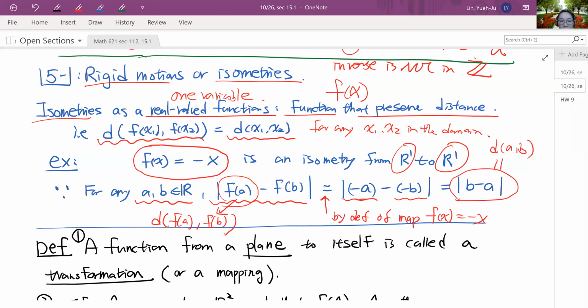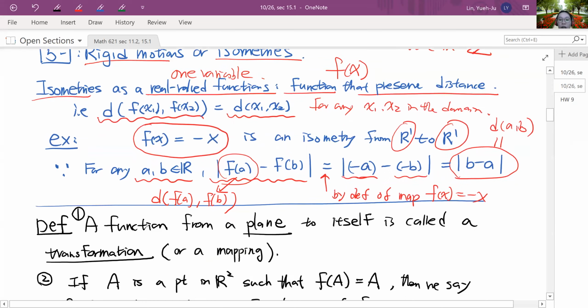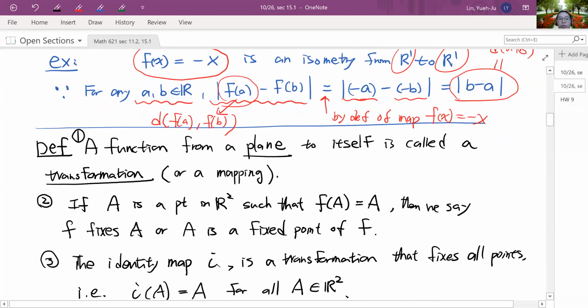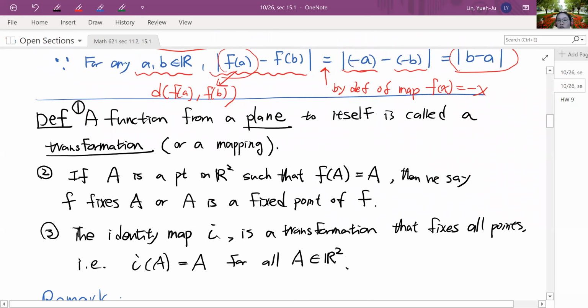But because we're talking about geometry here, we want a different situation where the domain is R2, anything on the plane, because we're talking about plane geometry. We talk about triangles, circles, everything on the plane. So first of all, we want to give a special name to any function from a plane to itself, from R2 to R2.